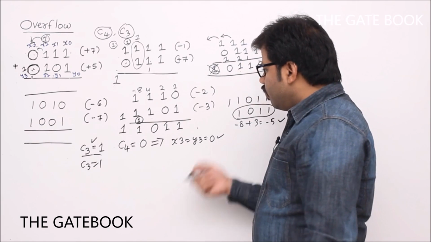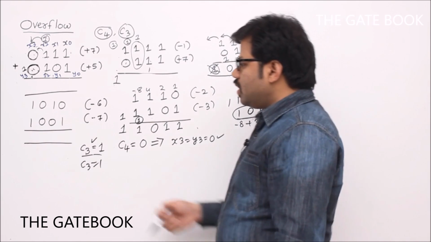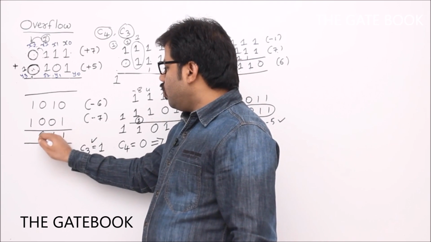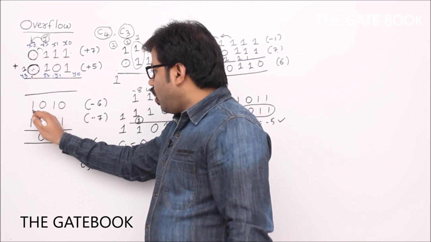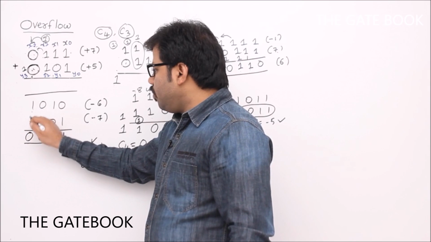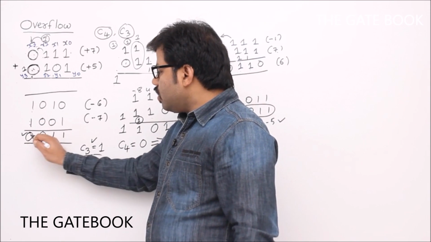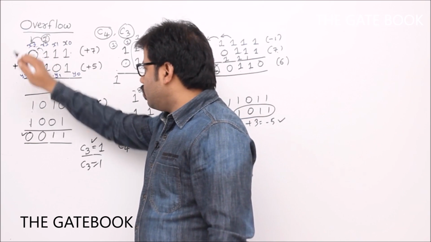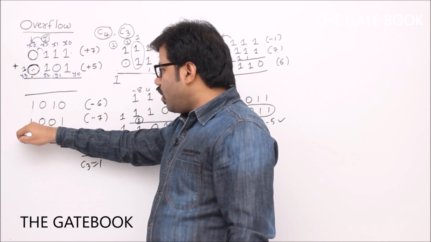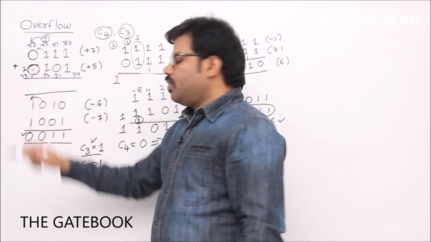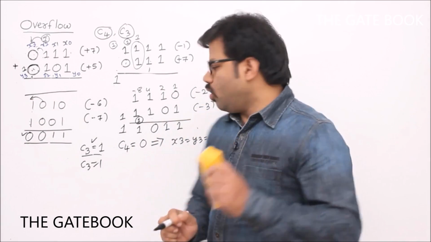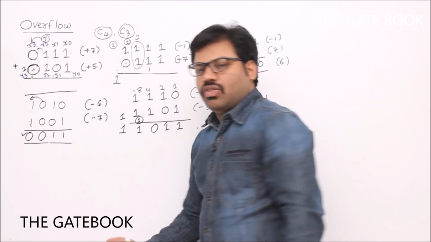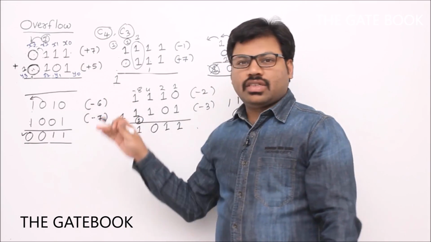So finally, what is the other case where you get a problem? It is this one. See, 1 1 0. Here 1 plus 1 is 0, which means the sign bit is modified. So when will the sign bit get modified? When these two are 0 and a carry comes, or otherwise these two bits are 1 but the carry doesn't come. In these two cases only there will be overflow. So finally this is all about observations. What you do is take this kind of numbers and observe.